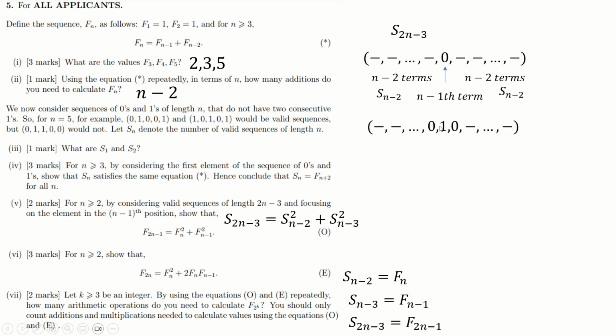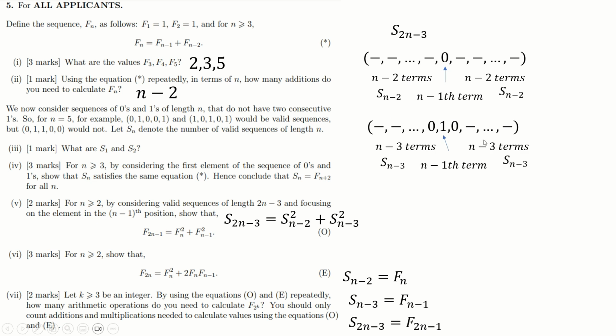Now, what if you put a 1 in the middle? Well, if you put a 1 in the middle, or in the (n minus 1)th term, I should say, then there have to be 2 zeros either side, which means here you only have n minus 3 terms left, and here you also only have n minus 3 terms left, which means, again, I just need valid sequences here because I can have any number next to this 0 and any number next to this 0. So that's going to be S(n minus 3) and S(n minus 3).